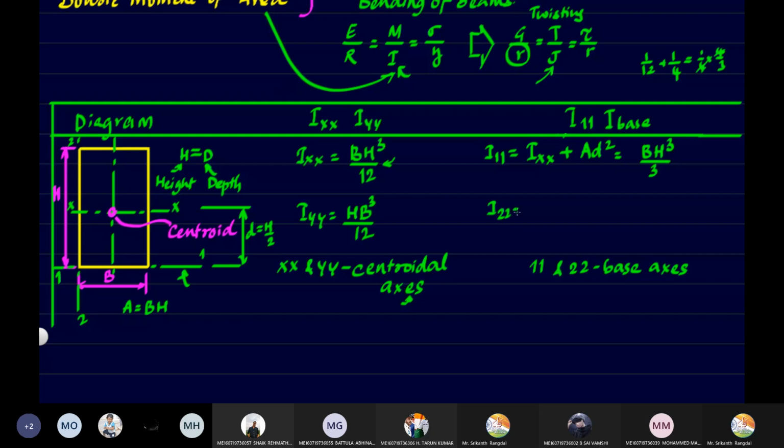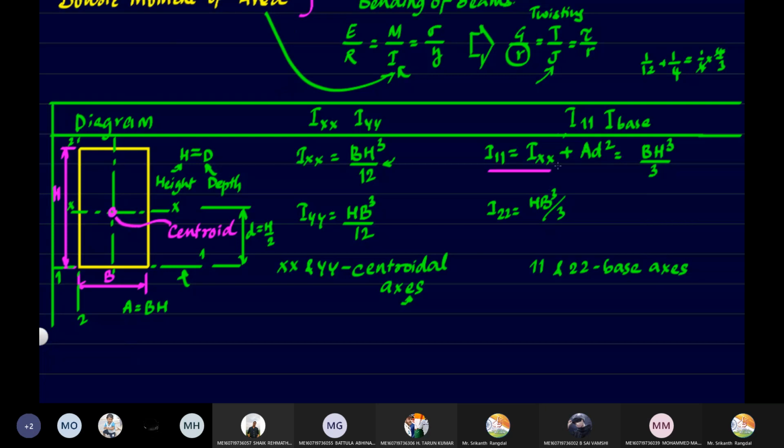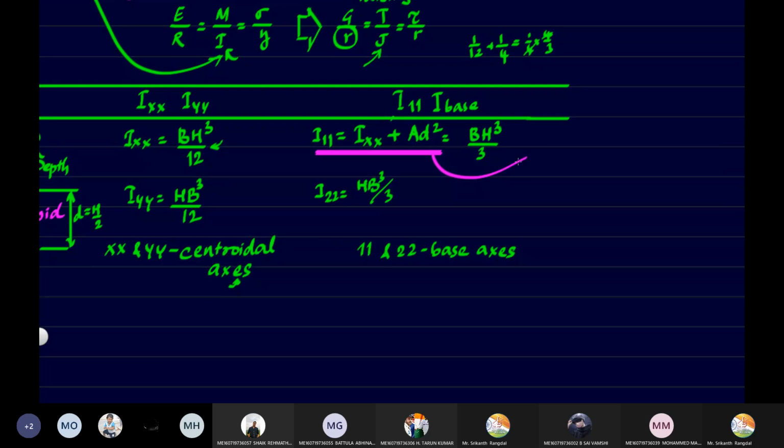Similarly, I22 will be, just replace b and h. So hb cube by 3. Okay. So what is this formula called? Transfer formula.